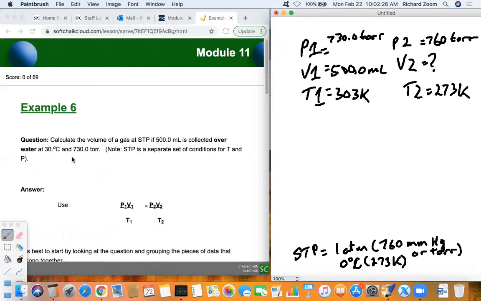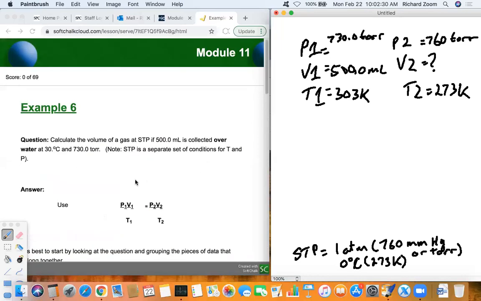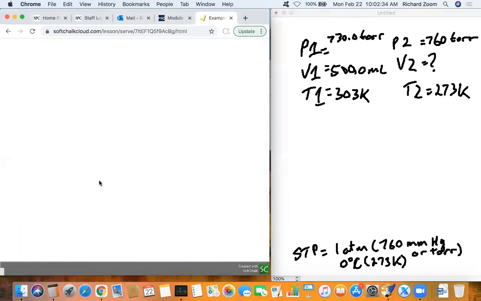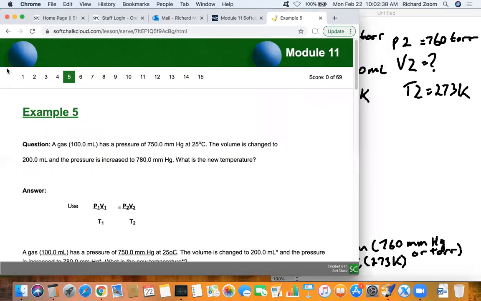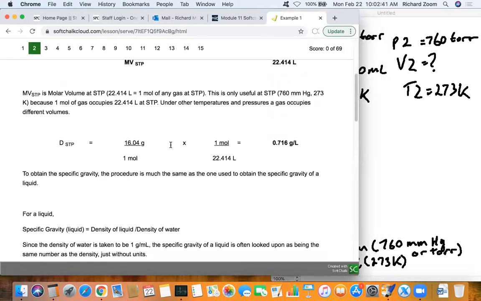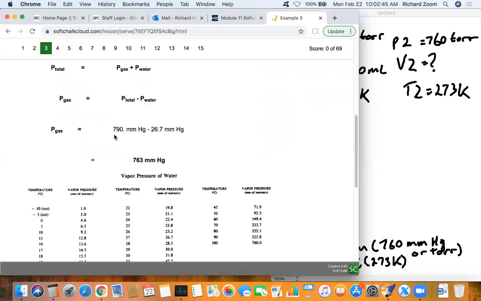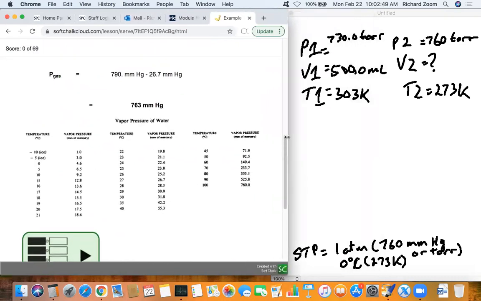And I'll go back to page 2 to find that. No, page 3. Here we go. So what we're told here is that 303 K, which is 30 degrees, is 31.8 millimeters of mercury.